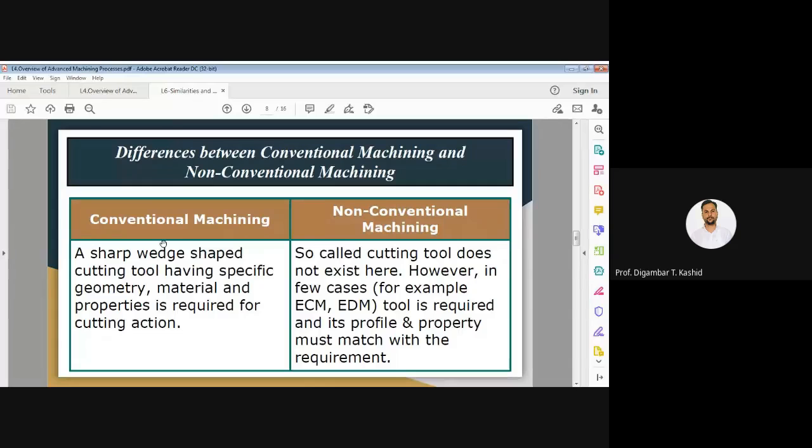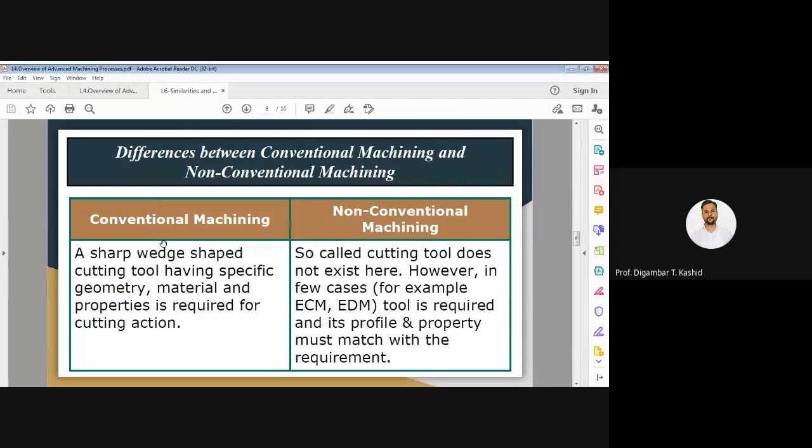However, in a few cases, for example EDM and ECM, as I have already mentioned, a tool is required, but that is an electrode, which is not in physical contact with your workpiece. Whatever the profile and properties, it must match your requirement.